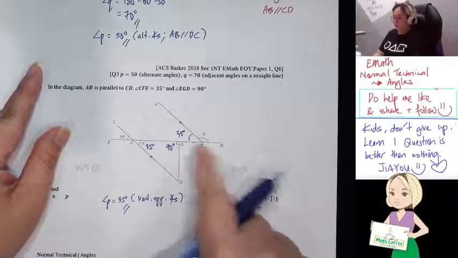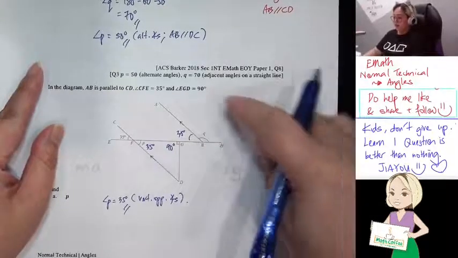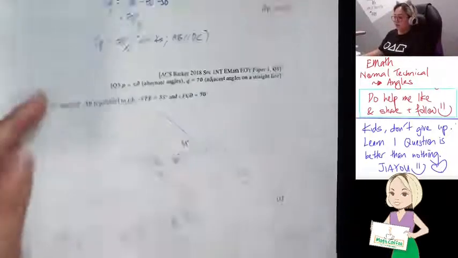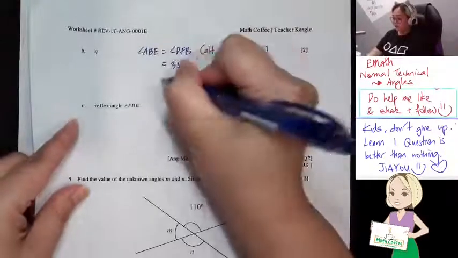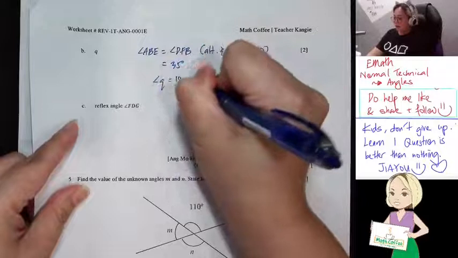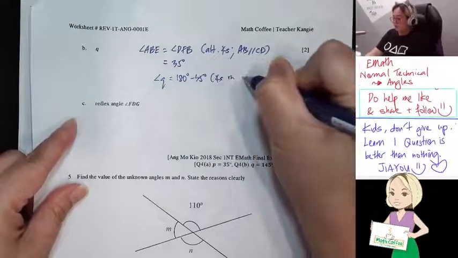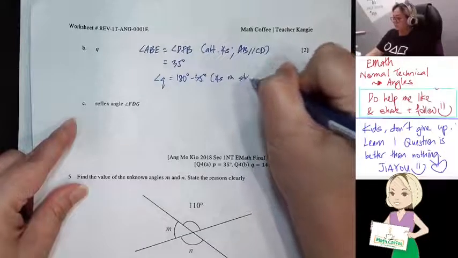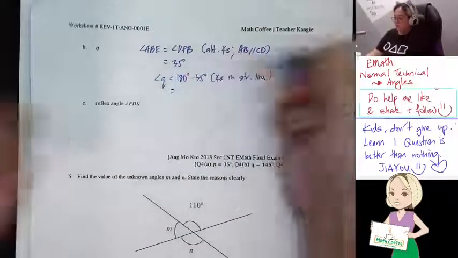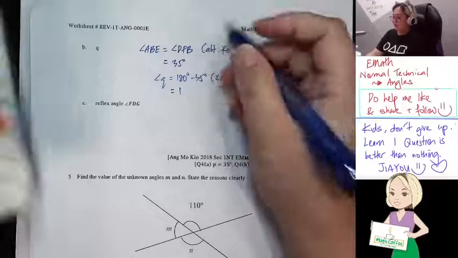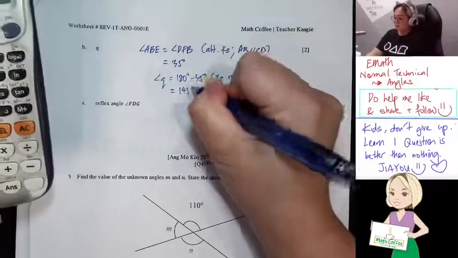So this is a straight line. So you will say angle Q will be 180 minus 35 degree. And this is because angles on straight line. So we will have 145 degree.